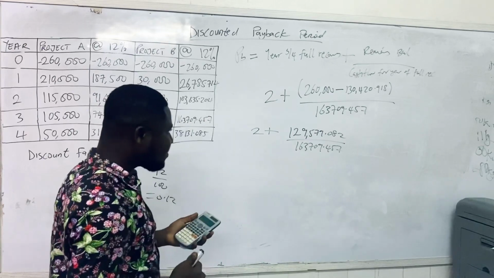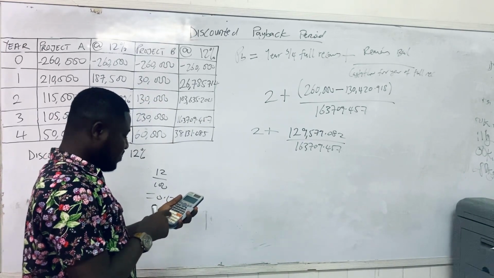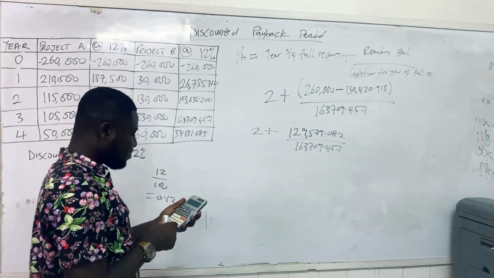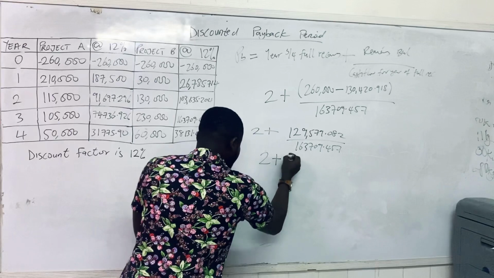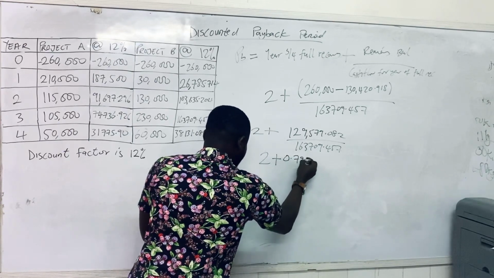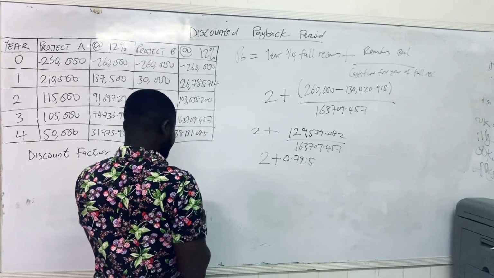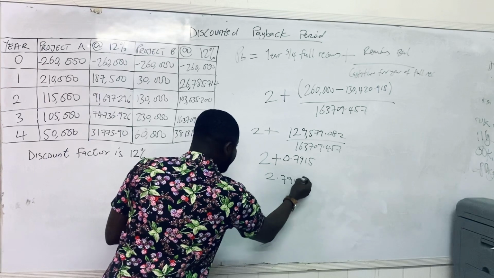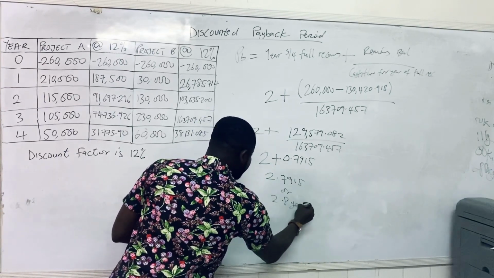So this is what we have. We have our 2 plus 0.7915. You are going to get 2.7915 or 2.8 years.